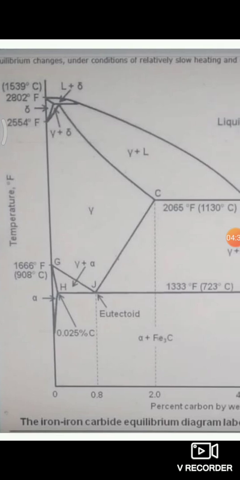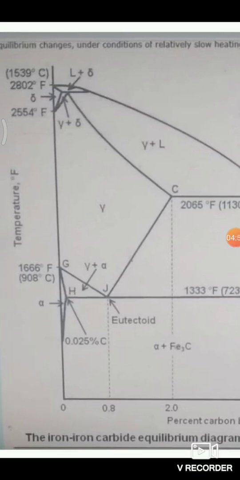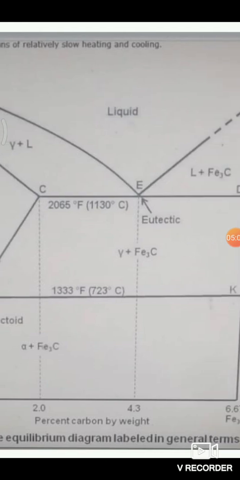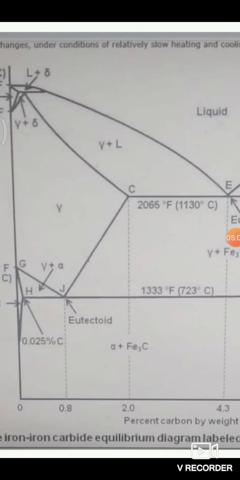This BCC structure is converted into FCC, face centered cubic crystal structure, in gamma austenite, up to 1130 degrees Celsius, or in some drawings 1147 degrees Celsius. So that is gamma austenite.